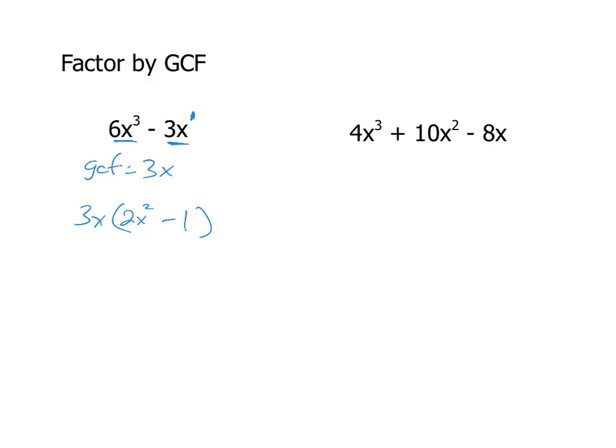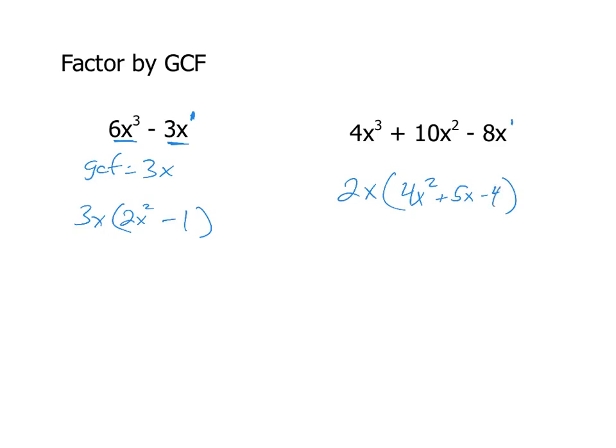Alrighty. So I'm looking at this and I'm thinking, well, there's an x in every term and the smallest number of x's is here. And it looks like they're all even, so I can divide by 2. So my GCF is going to be 2x. And when I divide everything by my GCF of 2x, I end up getting a 4x squared, a positive 5x and a negative 4.